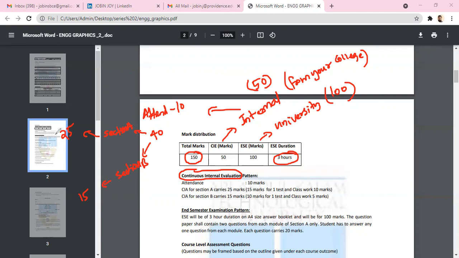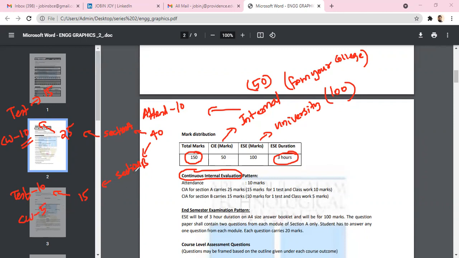In section A there will be a test for 15 marks. Then there is class work, based on which you will get 10 marks. So 15 plus 10 is 25. Here also there is a test for 10 marks, and class work is 5 marks.